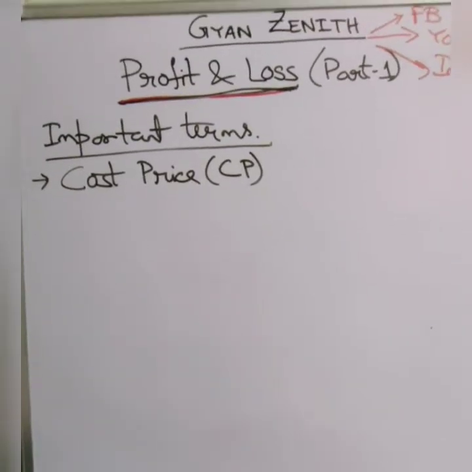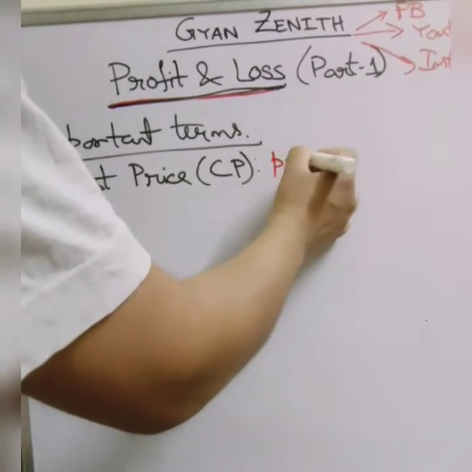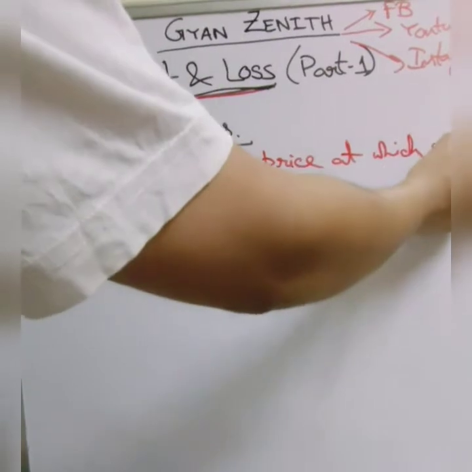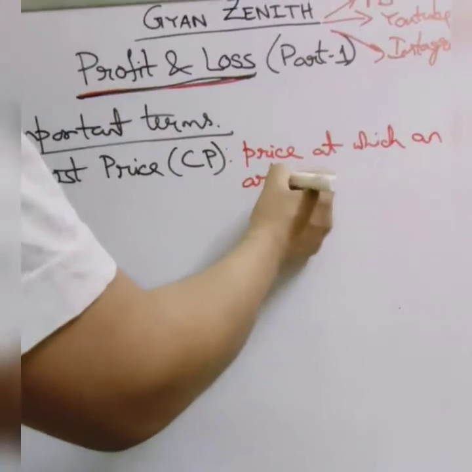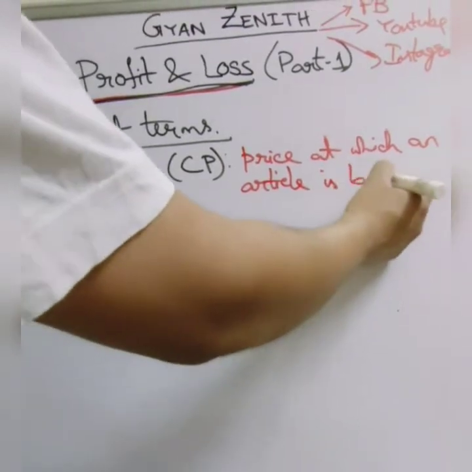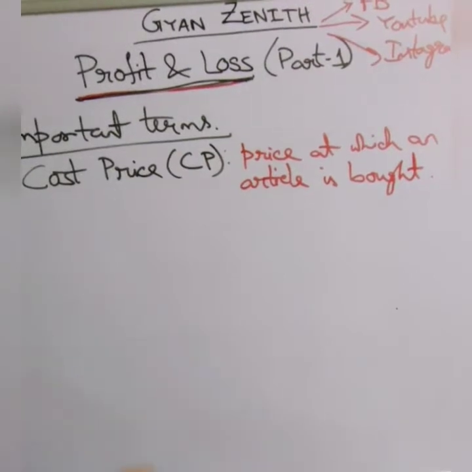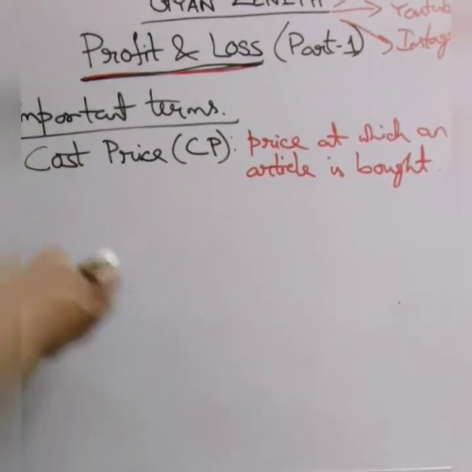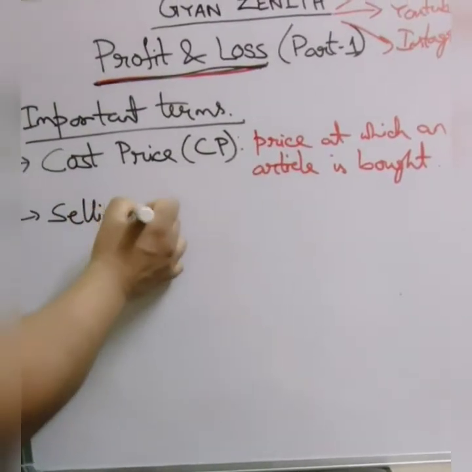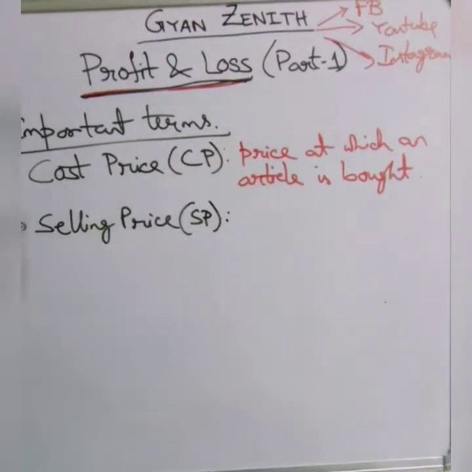The cost price is the price at which an article, meaning any item, is bought. So that is cost price. The next important term is selling price, short name SP.